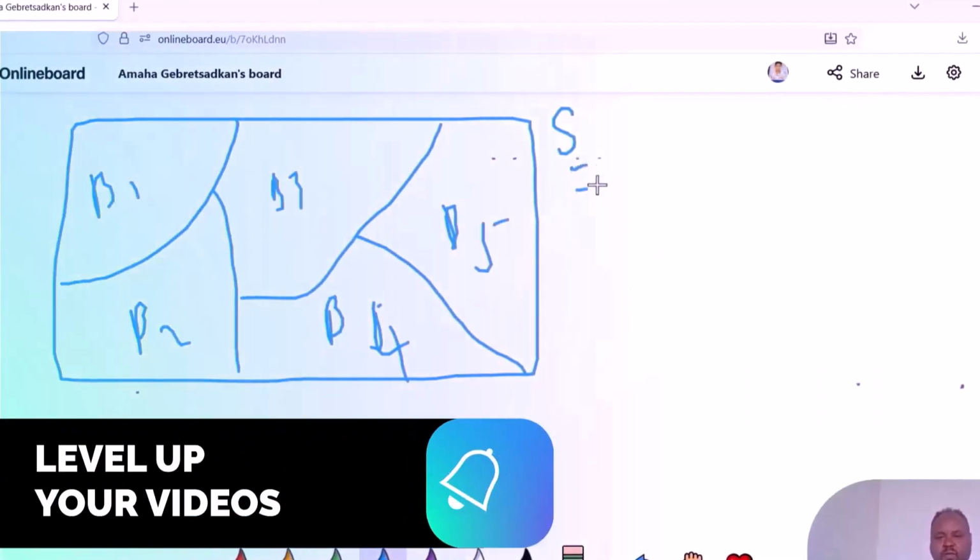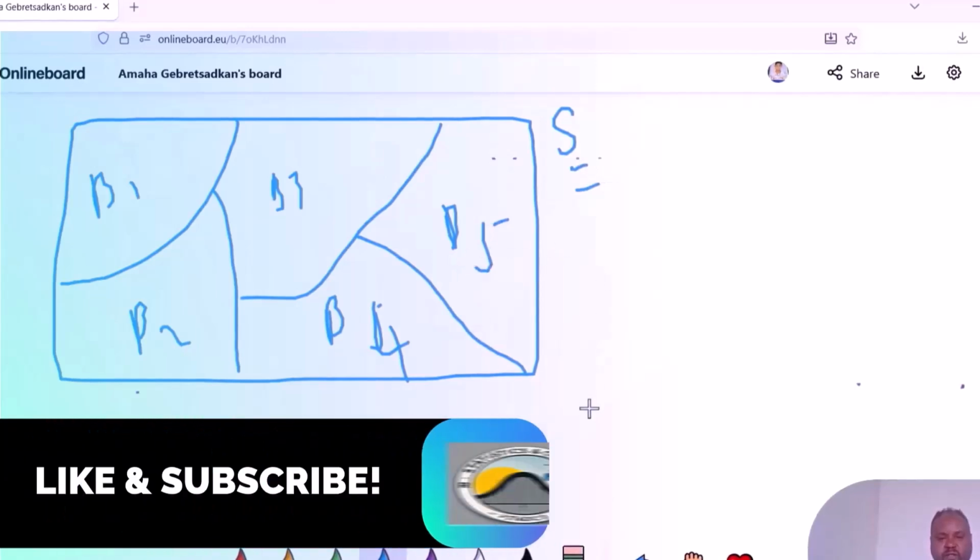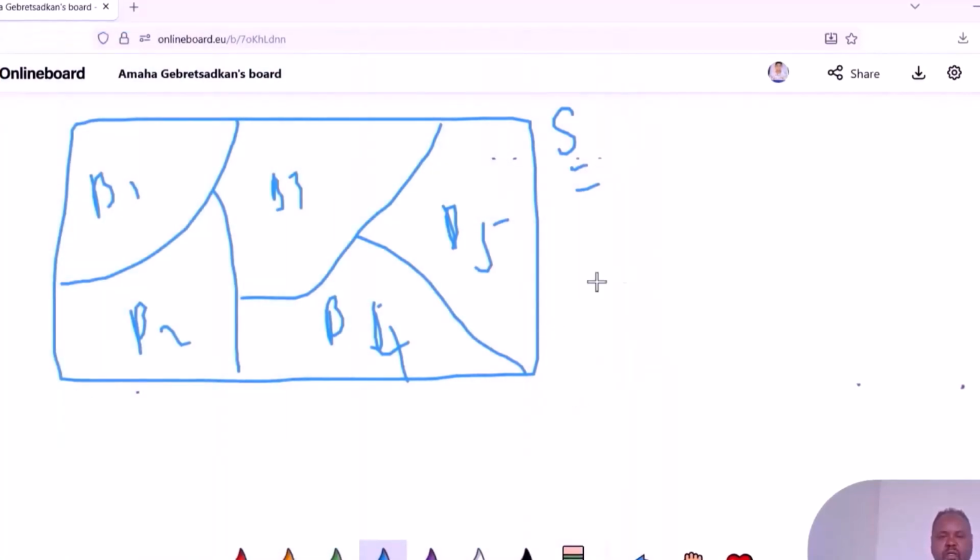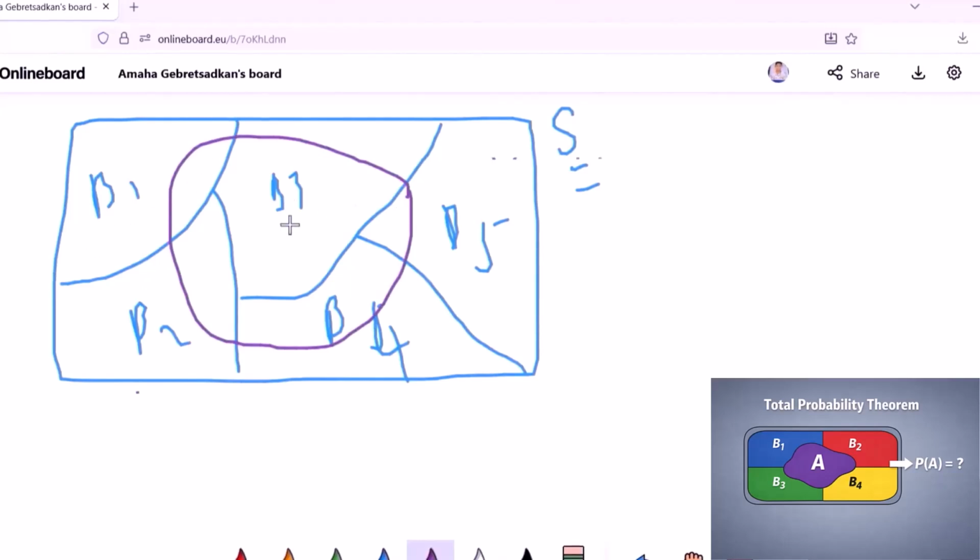Now, if we define another event over this partitioned sample space, let's say this is event A, right?